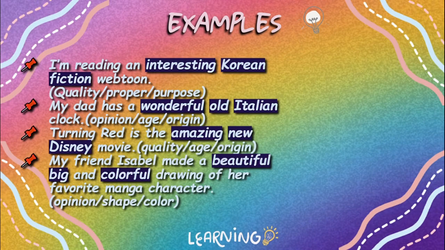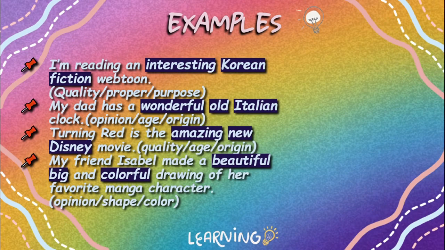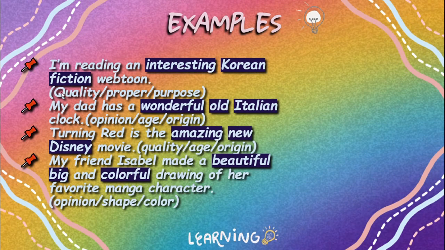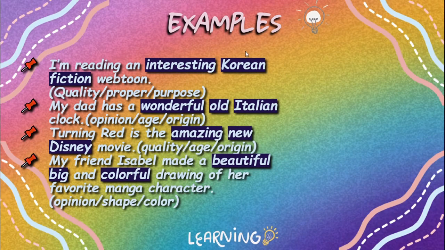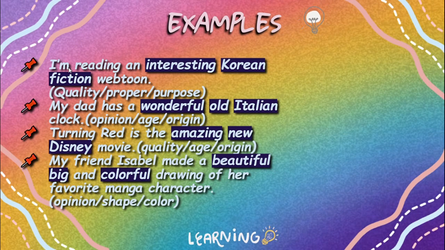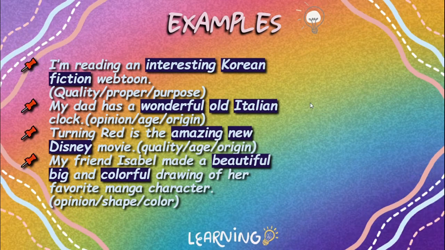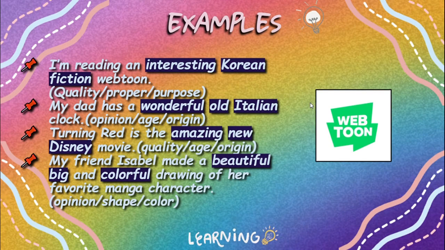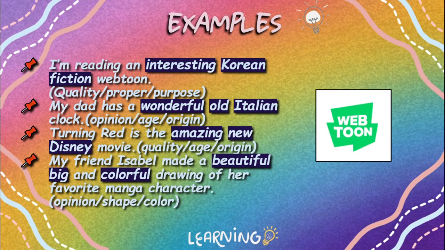Examples. I am reading an interesting Korean fiction webtoon. In this case, the adjectives are following this structure: quality, proper, and purpose. My dad has a wonderful old Italian clock.